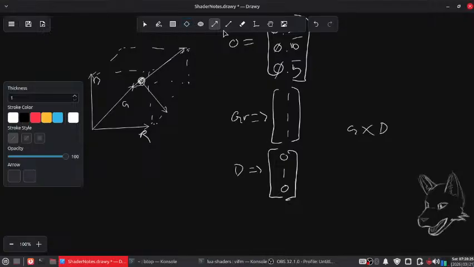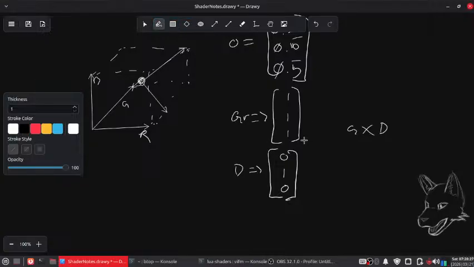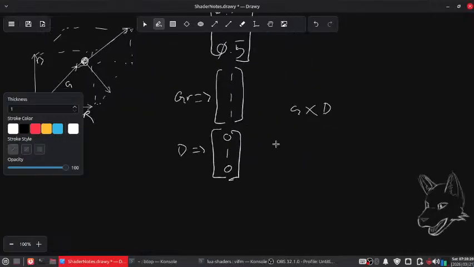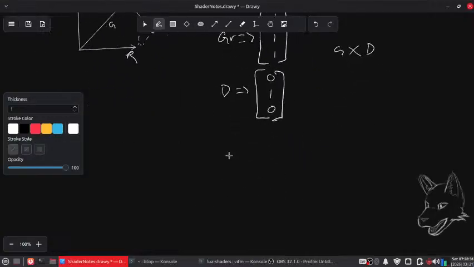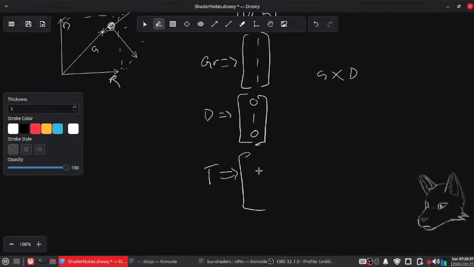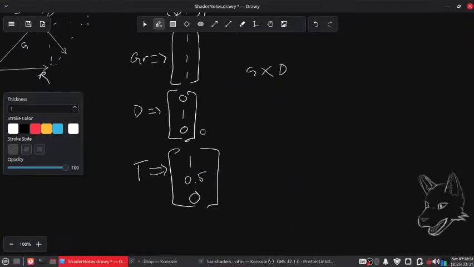So I think it ends up being something along the lines of T is equal to red is 1, G 0.5, B 0, right? I think that's what it is. Yeah, that looks about right.